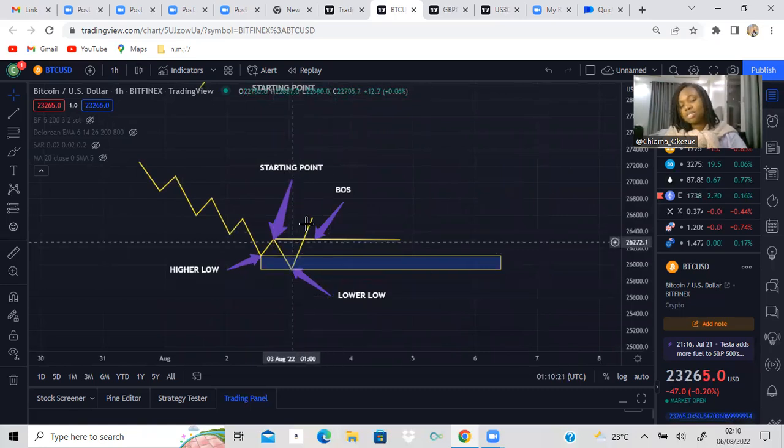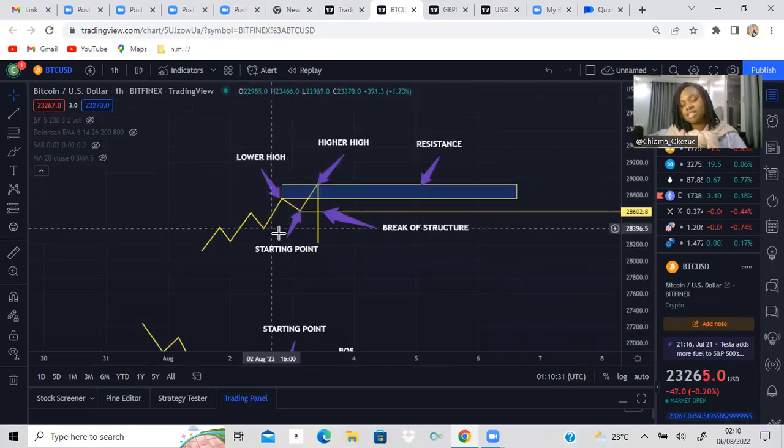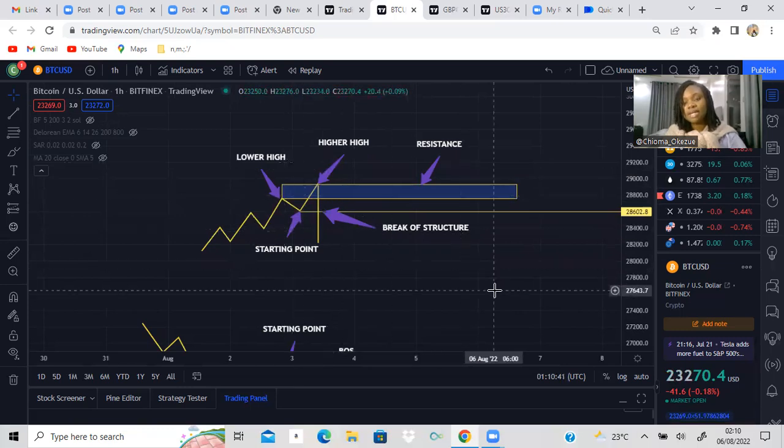Either it retests here or it comes down to retest here, giving me an inverted heads and shoulders. While here, it either comes back here to retest or comes back here, giving me an inverted and a standard heads and shoulders. Let me just show you guys.